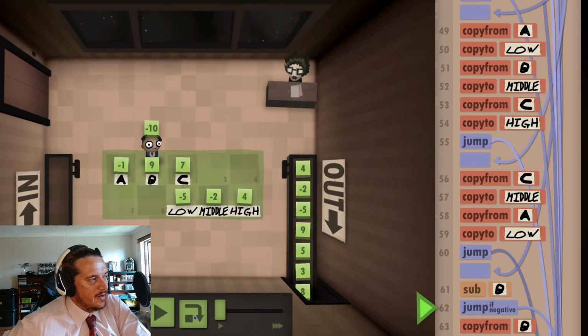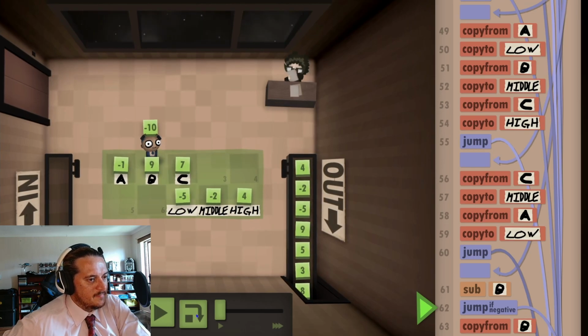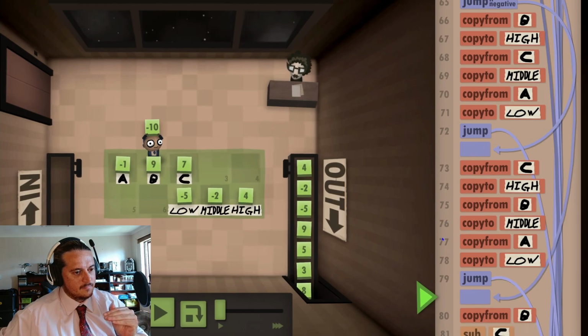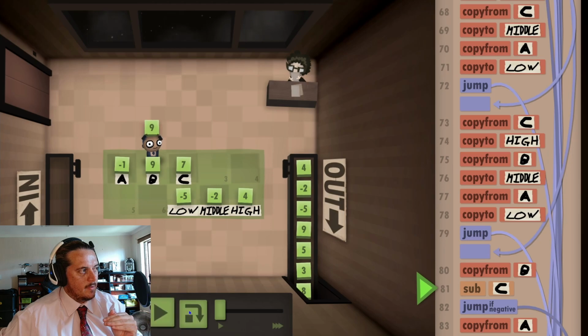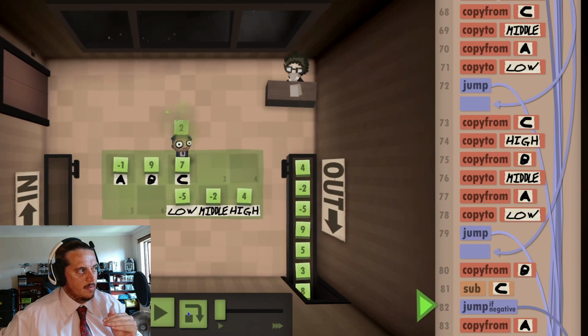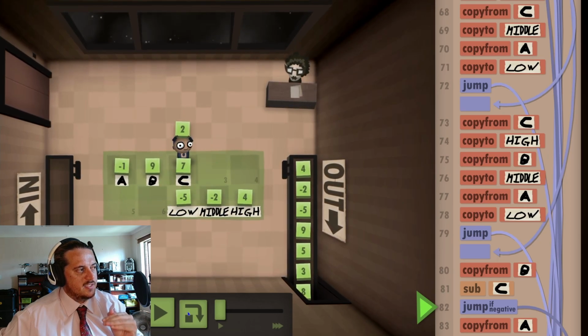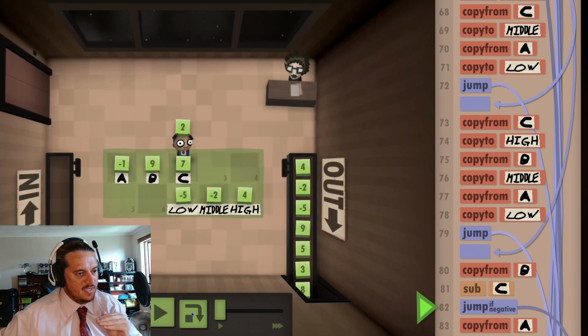So now I know that B is positive, which is higher than A. So now B is higher than A. Okay, so it goes BA. Now I want to check B against C. And now I know that C is lower than B. So it goes BCA.